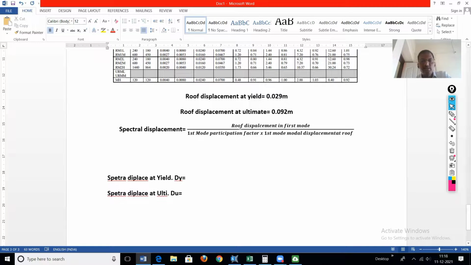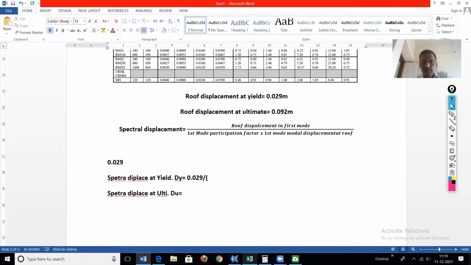Now first we will calculate this. So what is the formula? Spectral displacement equals roof displacement in the first mode, divided by, in brackets, the first mode participation factor. Roof displacement is 0.029 meter, divided by the first mode participation factor.